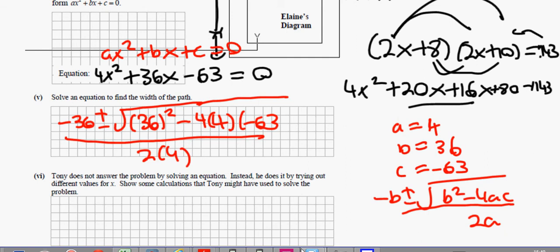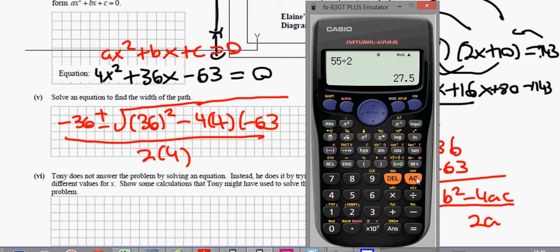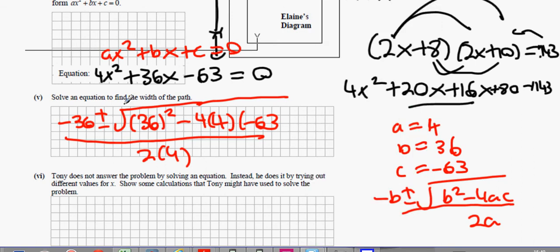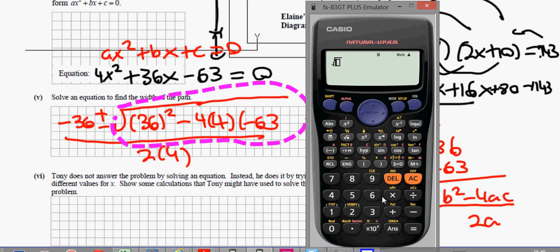Now we can put this in the calculator, and just put this part into the calculator first. Okay, this is the important part. So we go square root of 36 squared minus 4 times 4 times bracket minus 63, which is 48.